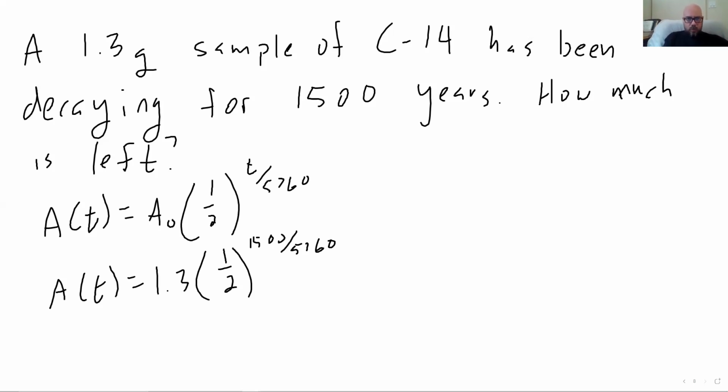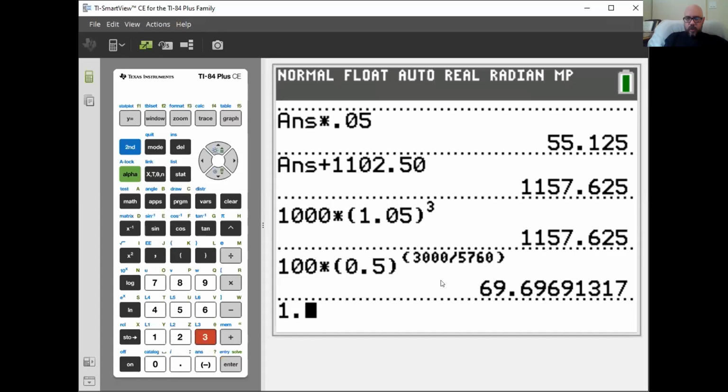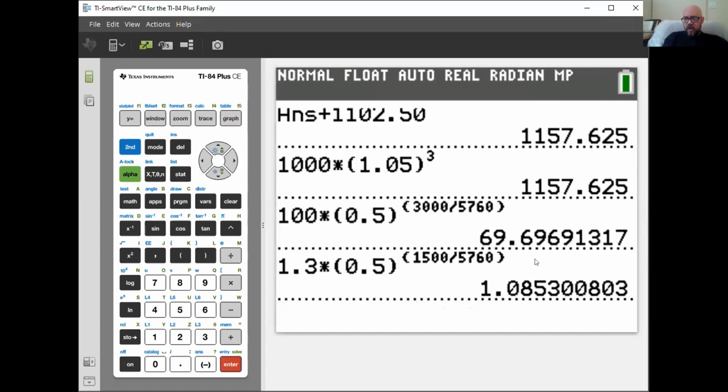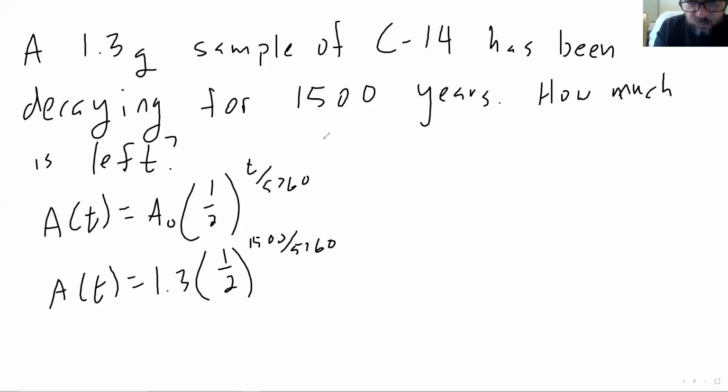So we're going to go 1.3 times 0.5 to the power of, in parentheses again, 1500 divided by 5760. I got 1.085 grams left. So you can see it's decaying away, but very slowly, right?